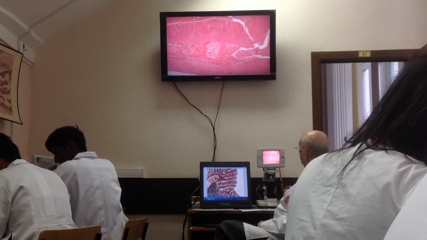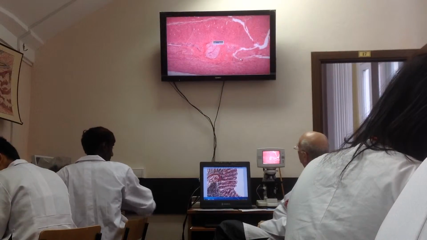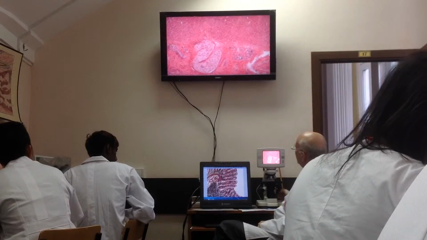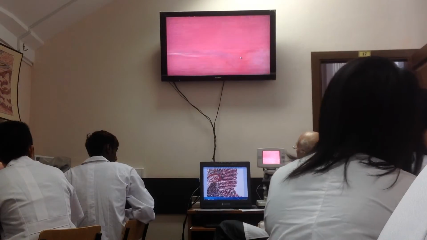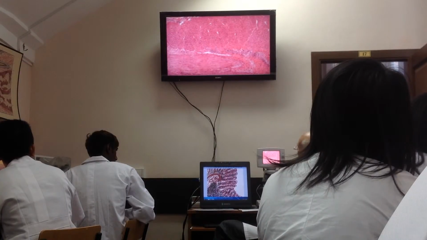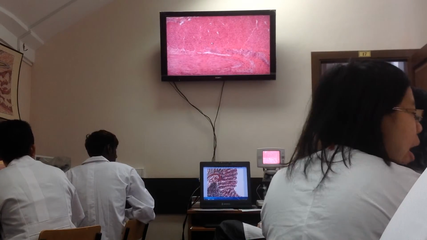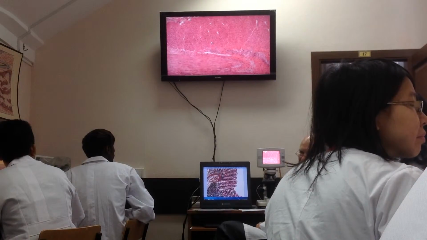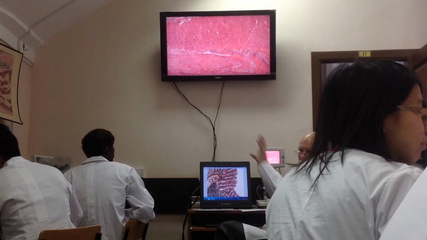Now look, in this section, what structures can we meet? For example, you see one layer of muscularis externa and another one. Inner layer in the muscularis externa of the intestine, small, large.